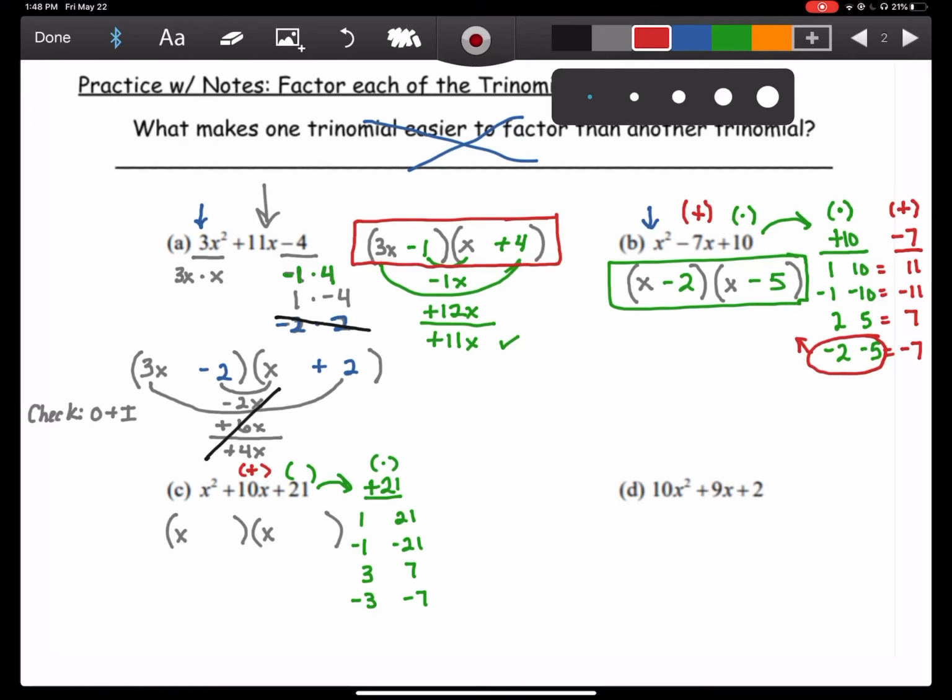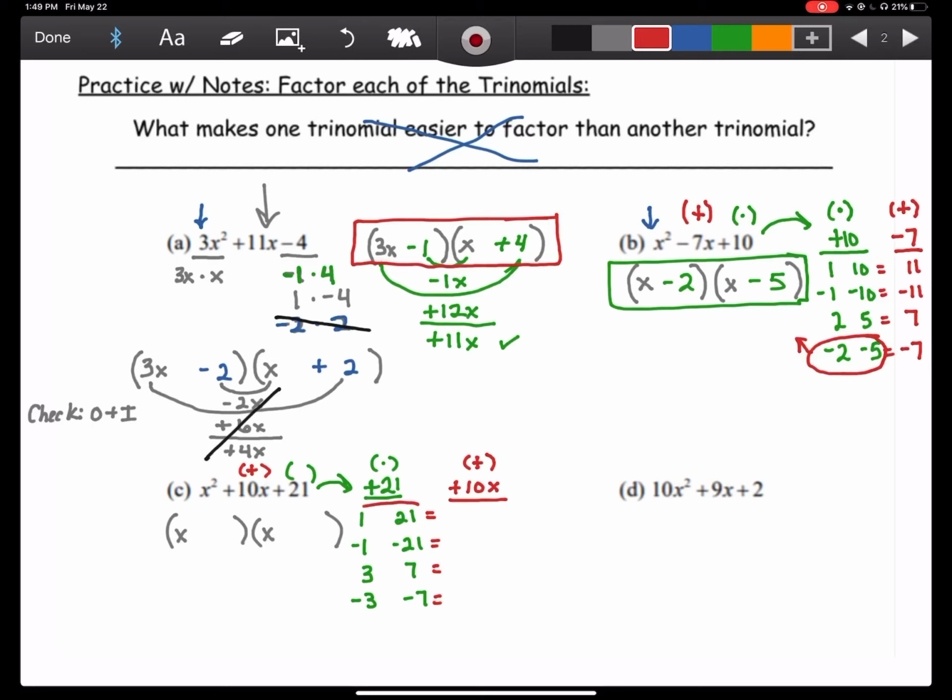Now remember, we also need these numbers to total, to add up to positive 10, which is my middle term. So let's see what we get.